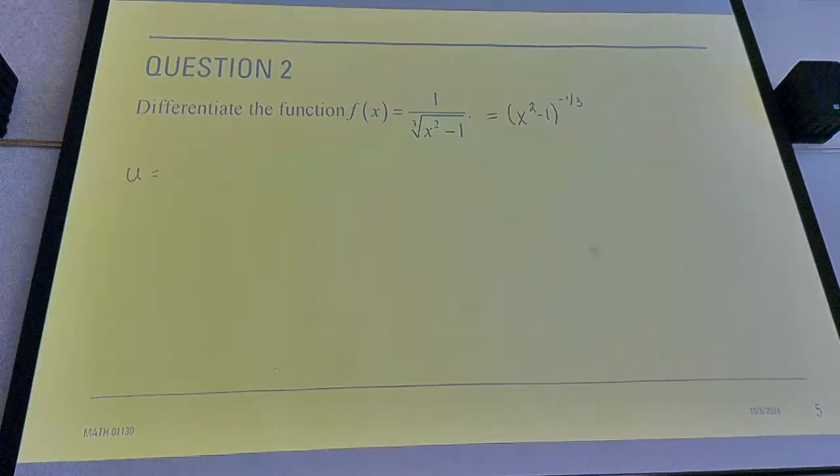And again, you want to identify what your u is. x squared minus 1. Now, write your function as a function of u. Do the negative 1/3.